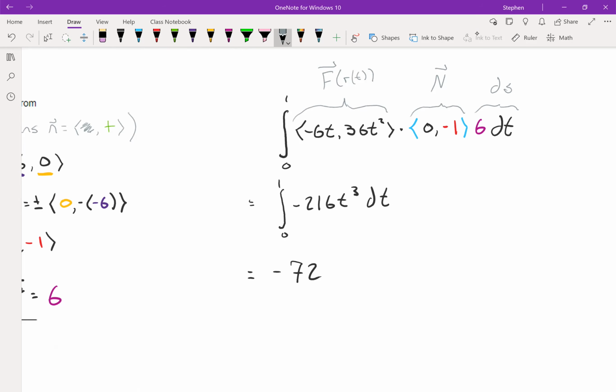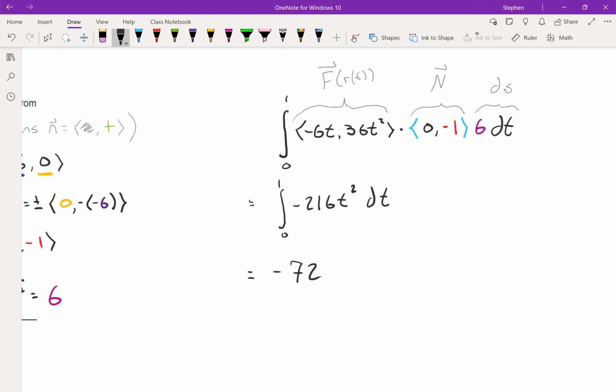But once we have all that together, we can simply take a dot product, multiply the whole thing by 6. This dot product isn't so bad. The x component's just 0. So I've got -36t squared times 6. And 36 times 6, I believe, is 216.